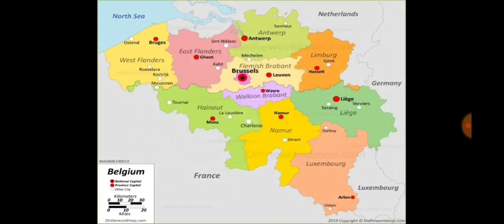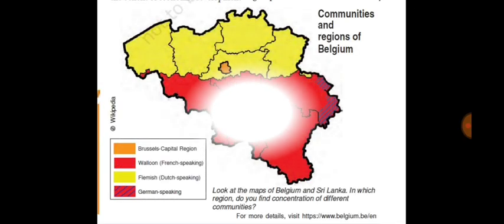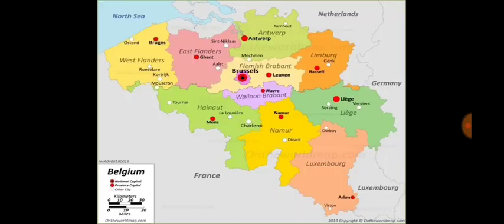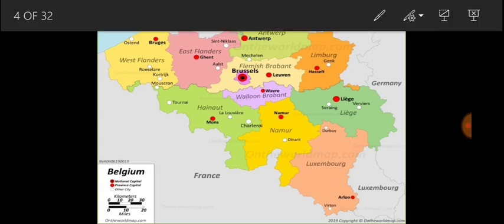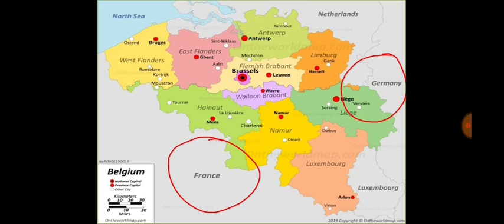This is the map of Belgium, and the Belgium boundary lies with Germany, Netherlands. This is Germany. This is France. And this is Netherlands.